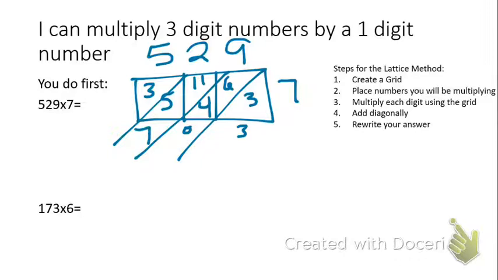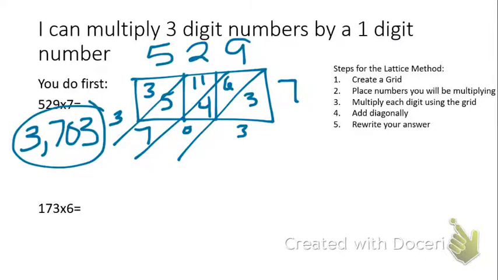Again, I know that looks like an 11, but it is actually a 1 and a 1 together. So 1 plus 1. And then I have a 3 all by itself. And then I need to rewrite my answer. So I'm going to do 3,703. Boom.